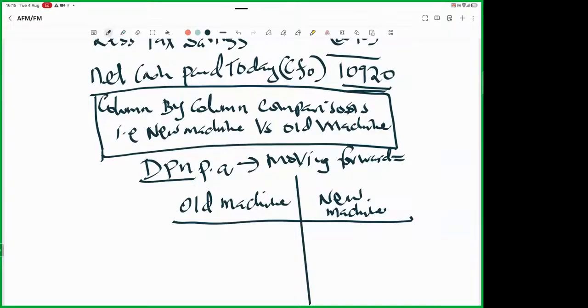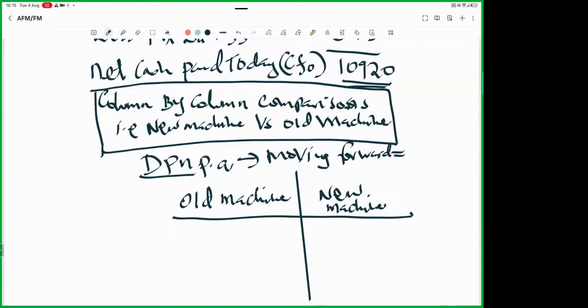So the old machine, using the straight line method, is there somebody who can tell me how much will be the depreciation for the old machine? They are getting 660. Moving forward. Remember, you're talking of moving forward.